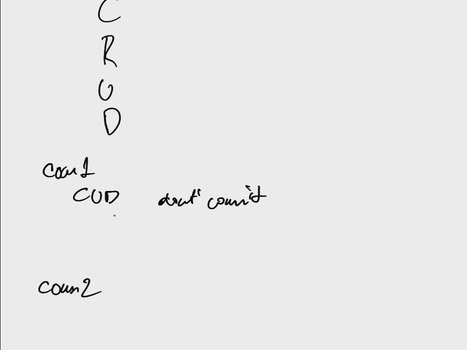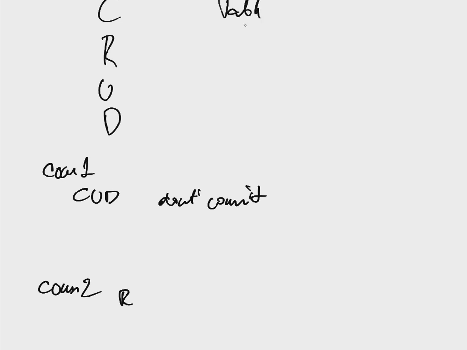We create two different connections, let's say connection 1 and connection 2. And to test that the transactions are working, we need to either create or update or delete something, and not commit this transaction, and then we can create another connection and read from it and check that until this transaction is committed, there is no change in my table.